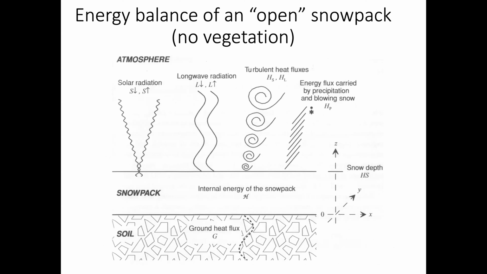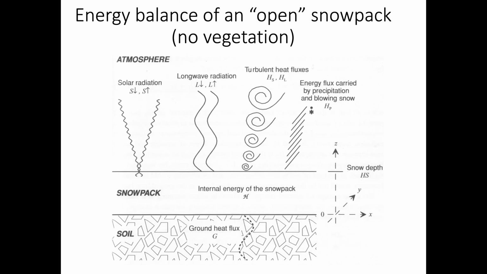To introduce where this energy comes from, we'll spend a lot of time talking about this conceptual diagram showing the various energy exchanges that take place between the snow and the atmosphere and the soil, before going over some equations to quantify the energy fluxes. Nearly all of the interactions of snow are with the atmosphere.